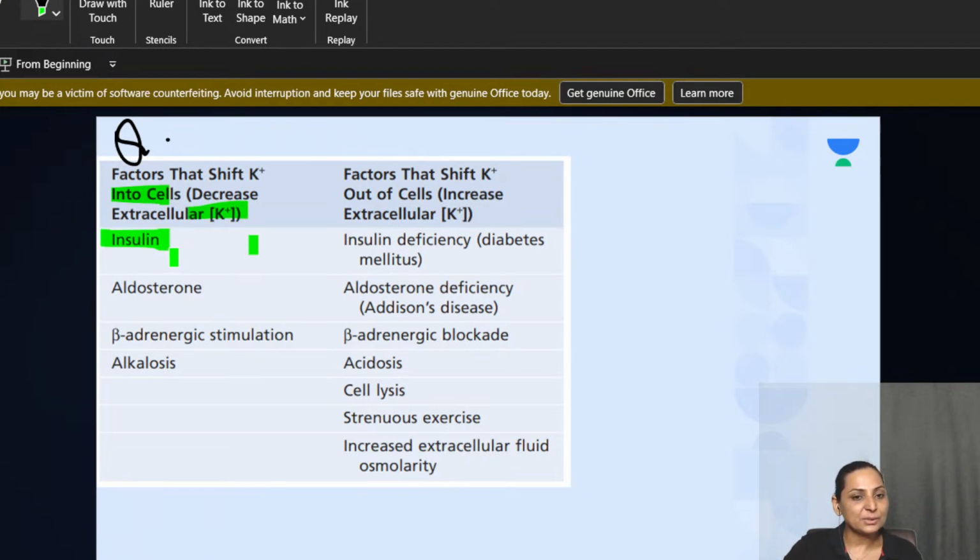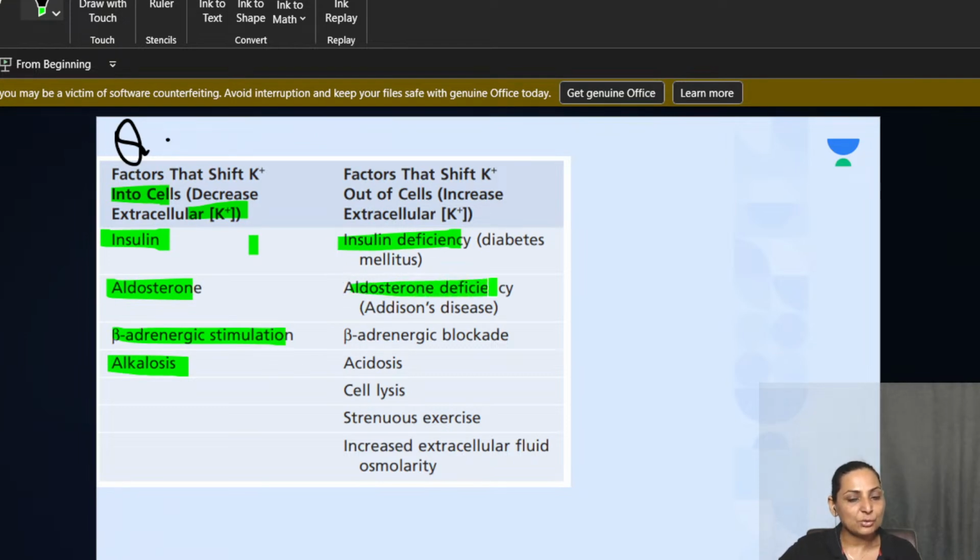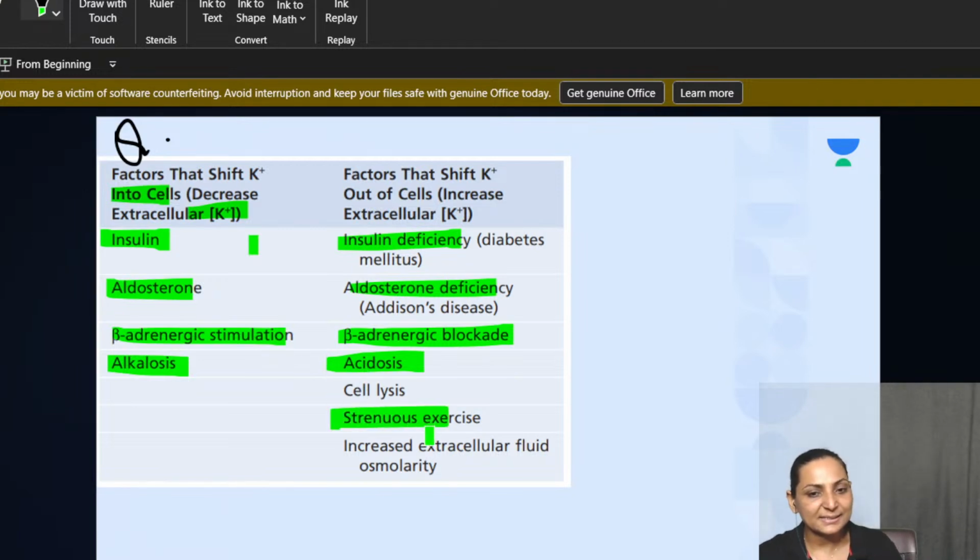We've seen that insulin stimulates, aldosterone stimulates, beta adrenergic stimulation stimulates the sodium potassium pump, and also alkalosis, right? Whereas the factors which are going to cause hyperkalemia: insulin deficiency, aldosterone deficiency, beta blockers, acidosis, and excess cell breakdown like with exercise can cause hyperkalemia. So this table is again very important.